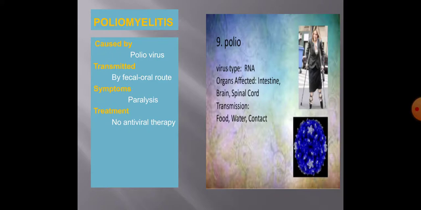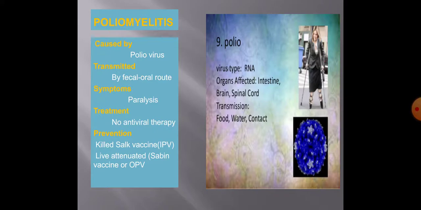Treatment is not available. There is no antiviral therapy, but prevention may be done by using either of two types of vaccines. One is called the killed Salk vaccine, also known as IPV, the injectable polio vaccine, whereas the other one is called the live attenuated or Sabin vaccine, or OPV.